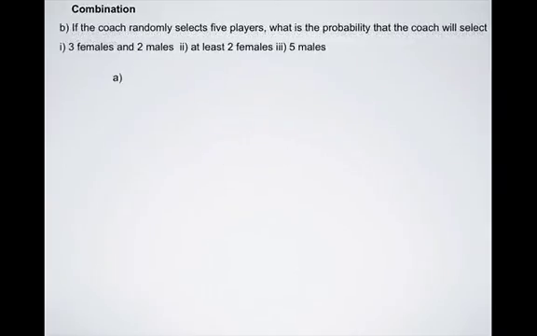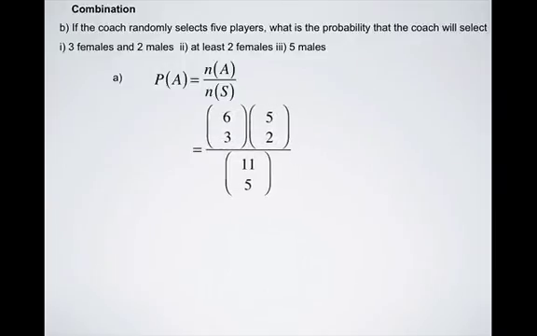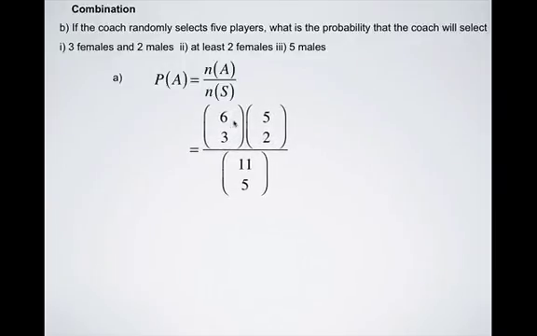Part B, if a coach randomly selects 5 players, what is the probability that the coach will select 3 females and 2 males? So first off, if we look at the number of ways you could pick 3 females and 2 males, well, you have 6 females to choose from, so that's going to be the combination of 6 choose 3, and 5 males to choose from, so you're going to pick 2 of them, so that'll be the combination of 5 choose 2, divided by the total number of ways that the coach can pick the team.